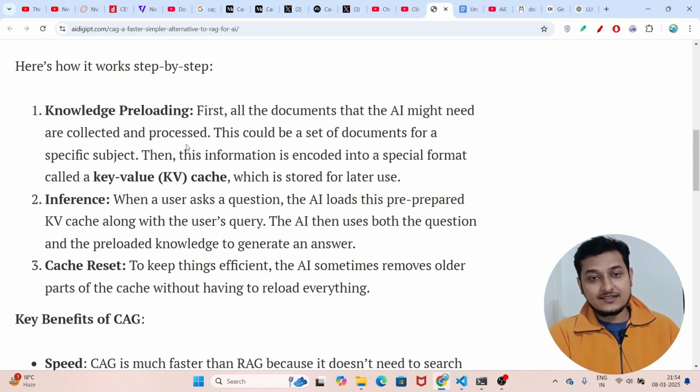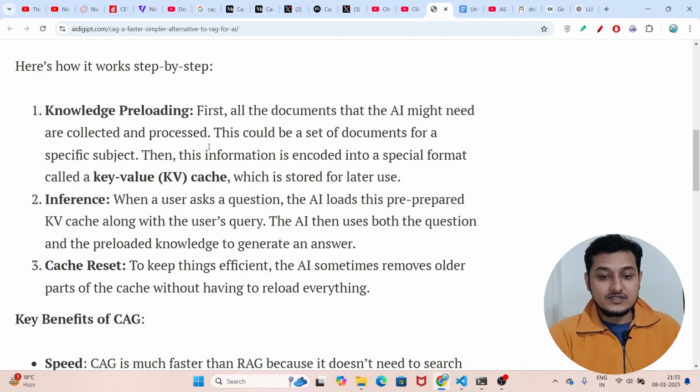But in the case of the CAG system, it preloads the knowledge base. It always preloads the knowledge base. It doesn't go to the database or somewhere else every time you ask a question. It has all the data preloaded, and when you ask a question, it always gives the answer quickly.